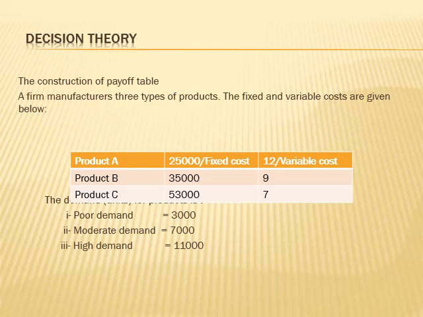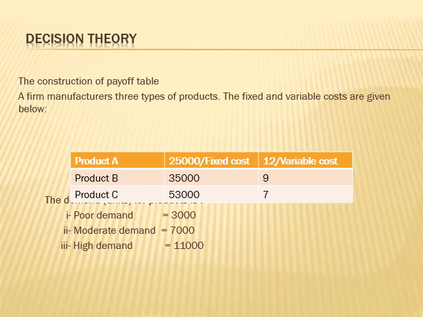Now, we have three products. Each of them faces three levels of demand: poor, moderate, and high. Then the conditions or the forms of total demand are 9: 3 products multiplied by 3 levels of demand.